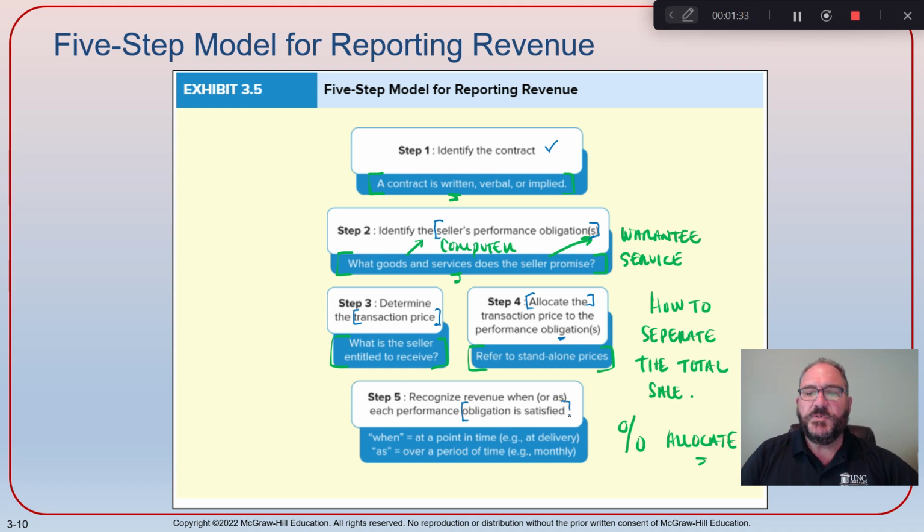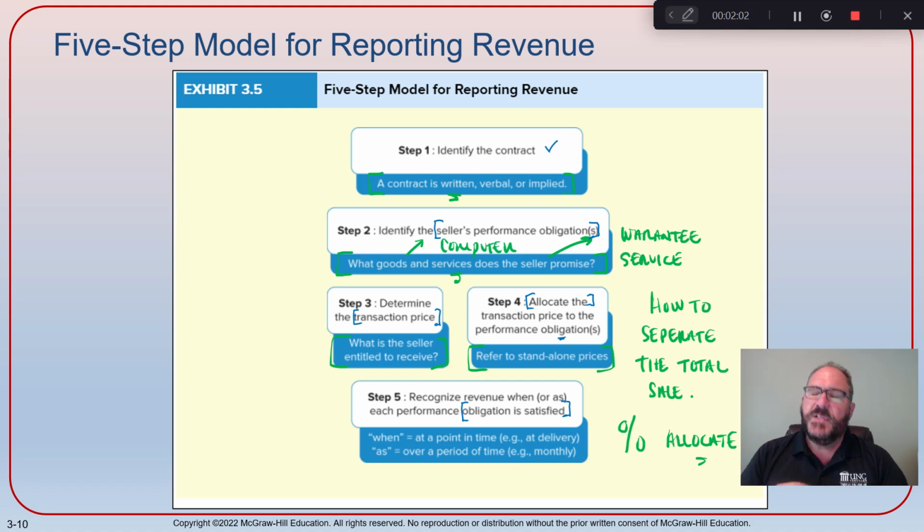So let me explain what that means. Before, I mentioned you buy a computer, and you buy a 2-year warranty and a service plan. Well, the day you buy the computer, that's when they've earned the money for the computer only. The service plan or the warranty or anything that's going to happen in the future, they don't actually earn that money until the future.